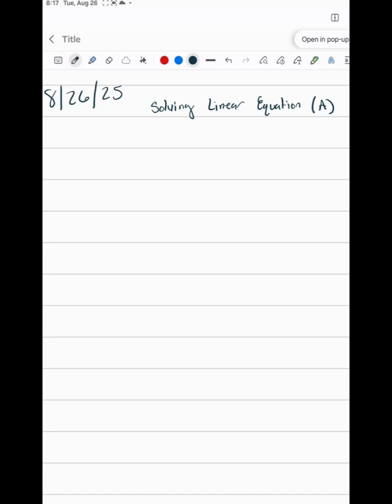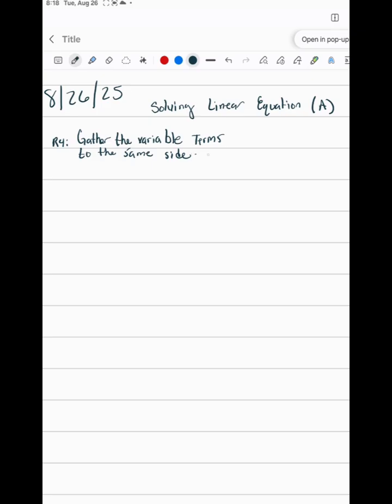The section I'm talking about will only deal with problems starting with Rule 4. All right? So, write this down. Rule 4 says gather the variable terms to the same side.